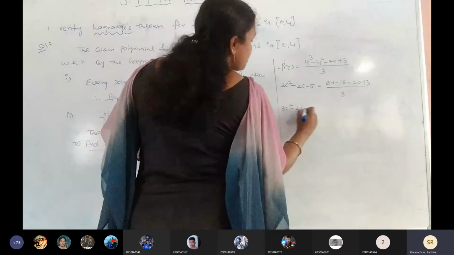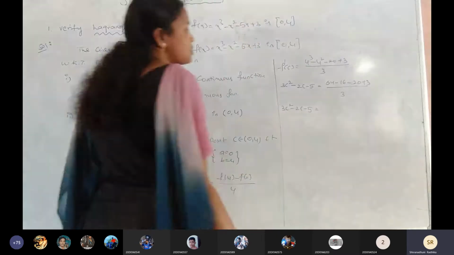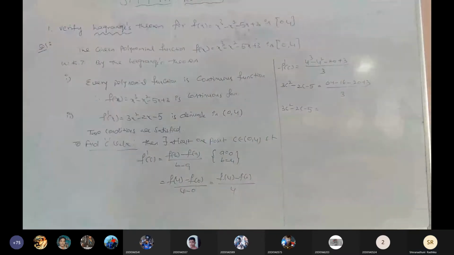What is the value of that? 64 minus 16, how much first? 48. 48 minus 20 is 28. 28 plus 3 is 31.